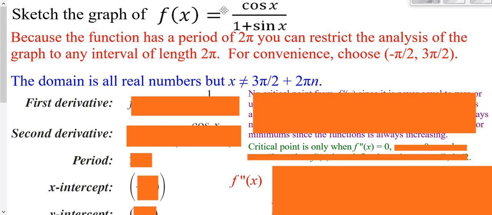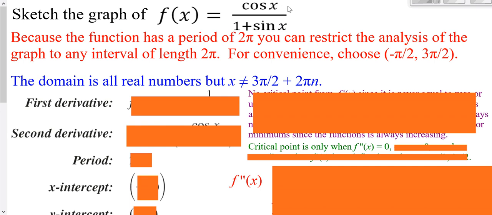You should also realize you have some domain issues at what causes the bottom to be 0. Set the bottom equal to 0, and that would be when sine is equal to -1, and sine's equal to -1 at 3 pi/2, or any full revolution thereafter, and that's what we're saying down here in blue.